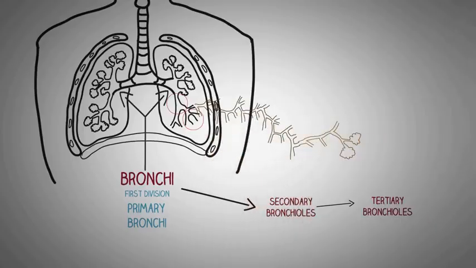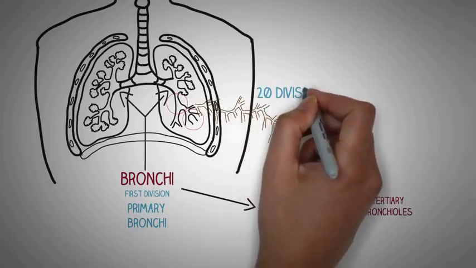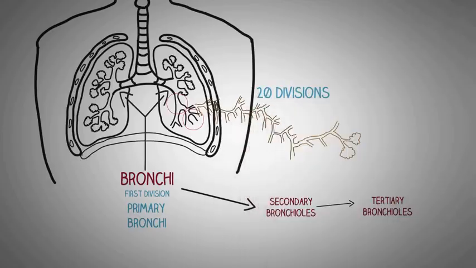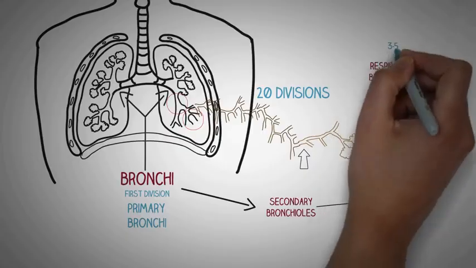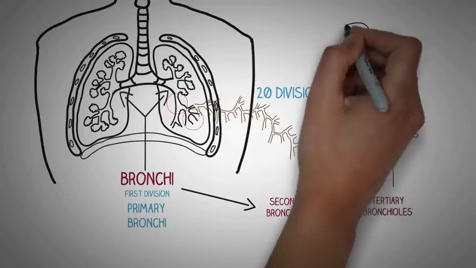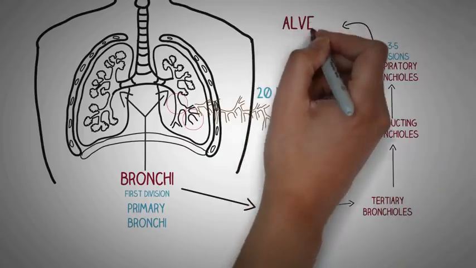So you can see the tertiary bronchioles divide many times to form very small sac-like structures. The tertiary bronchioles lead into the conducting bronchioles. The conducting bronchioles then form a 4 to 5 division series of respiratory bronchioles. These respiratory bronchioles are in turn connected to the alveoli.